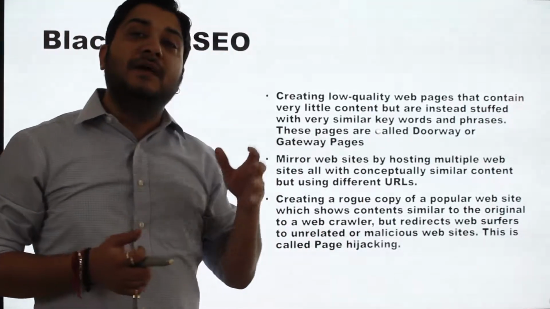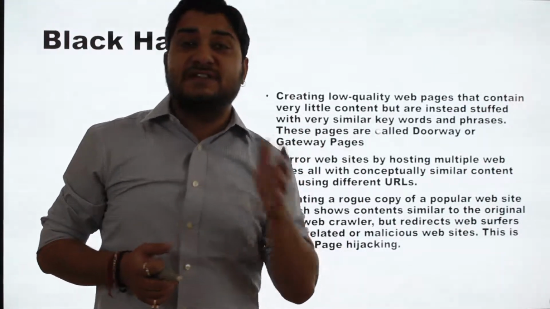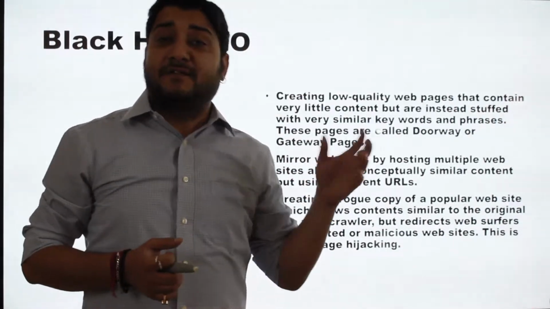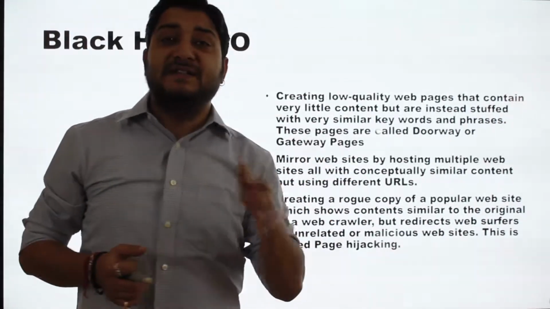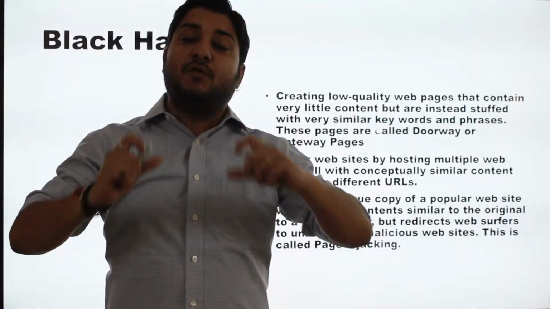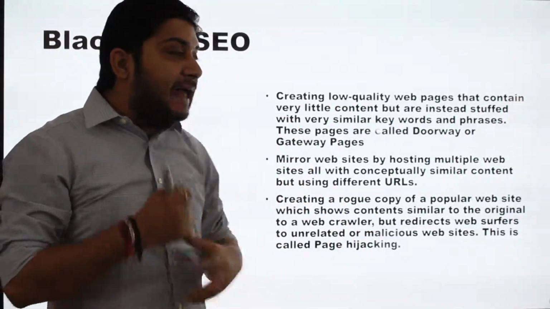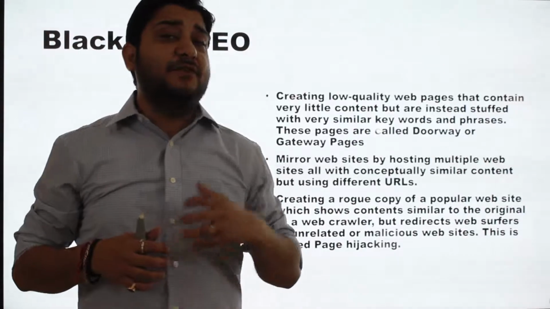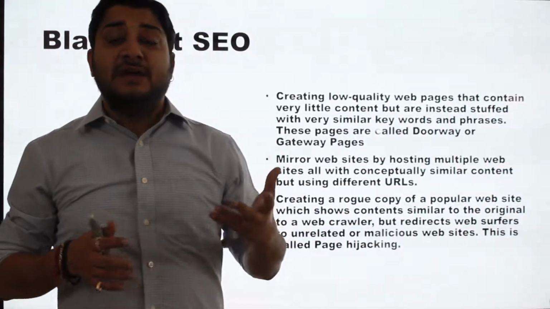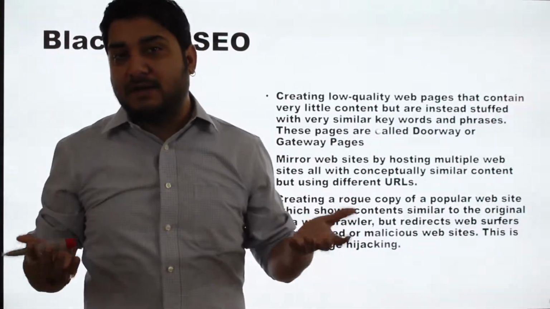So let's say, for example, there's one particular website called xyz.com. There's a different website, abc.com, hosted within your own hosting server, and the content is also similar. If you're selling some kind of a tool package, both websites have similar content.